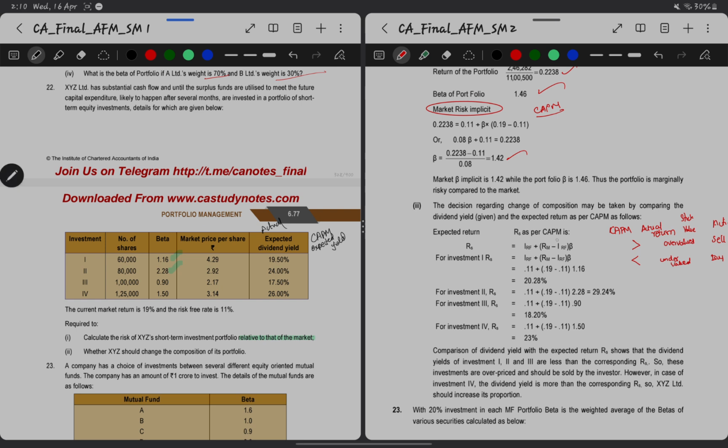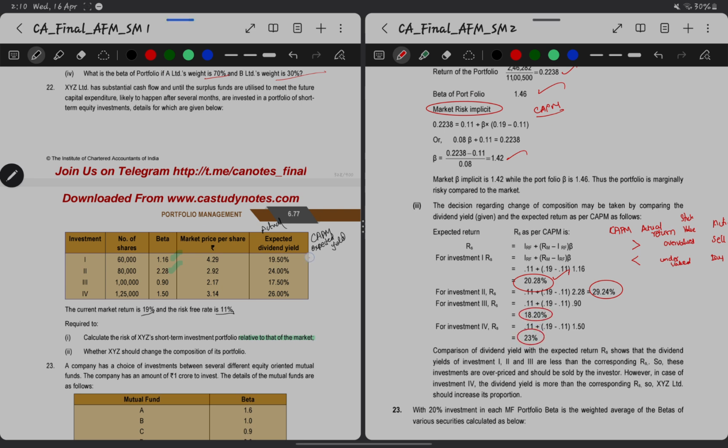Now CAPM we can calculate as we have the information of market return, risk-free return and beta in each of the cases. So substituting the beta, we will get the expected return. In case of the first investment, it is 20.28%, in case of the second investment it is 29.24, in case of the third it is 18.20, and in the fourth it is 23.